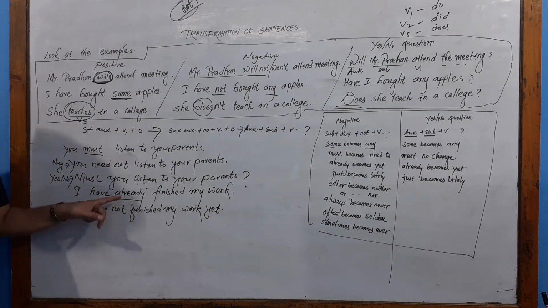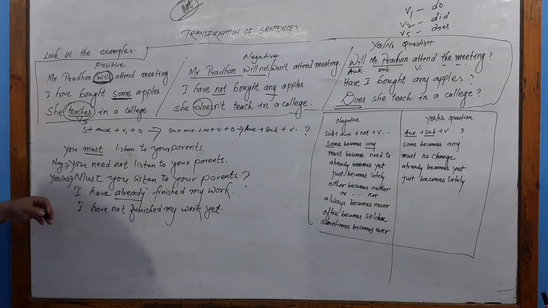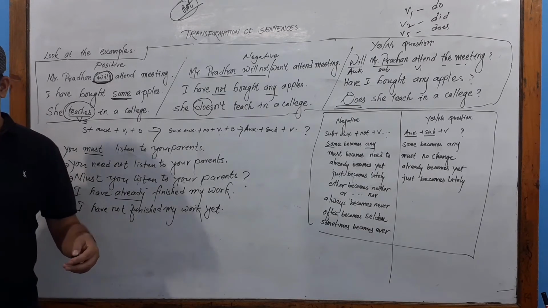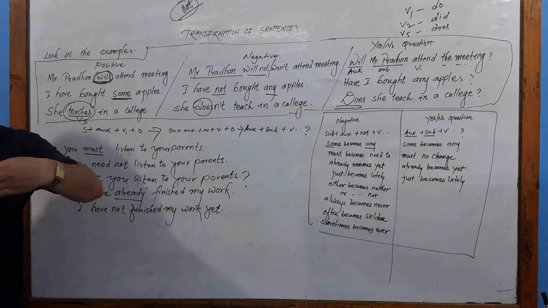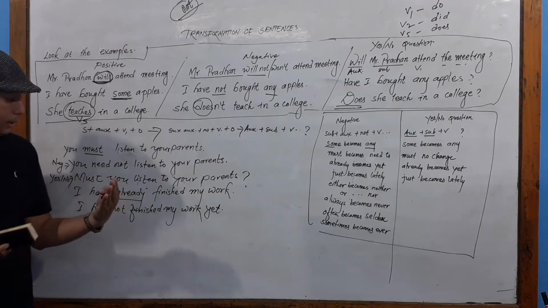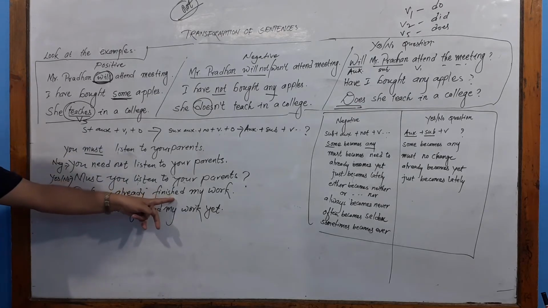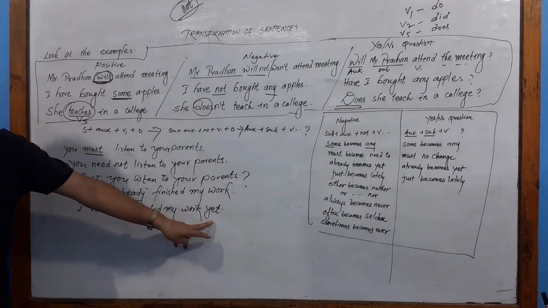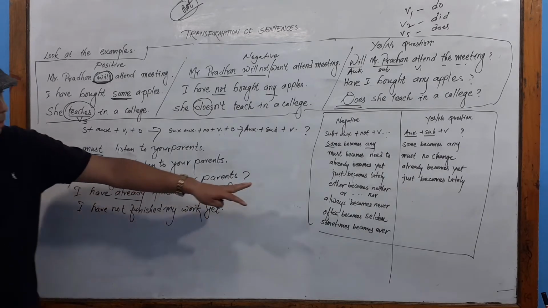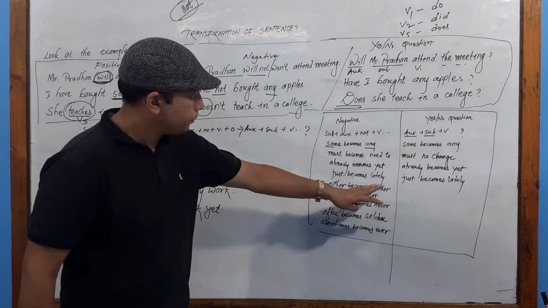Already, always, there are some, they are called pre-adverbs. The adverbs that are written before the verb, before verb third. Finished is verb 3, and they are written before it, whereas 'yet' is called a last adverb, written at the last. That you have to remember.